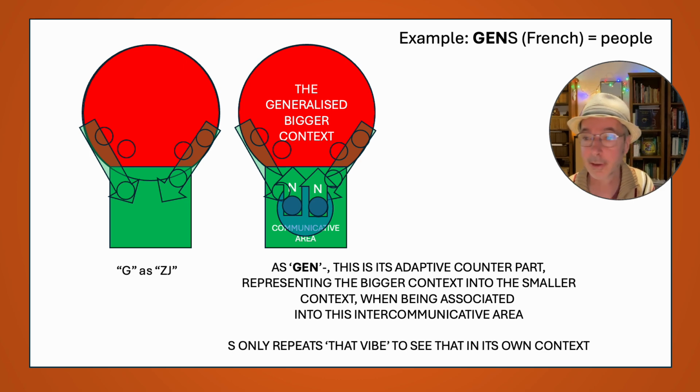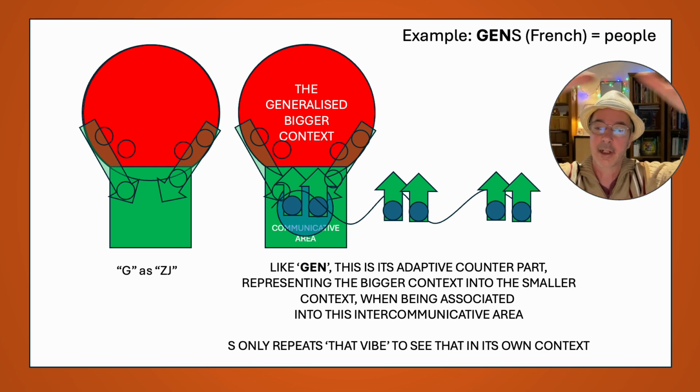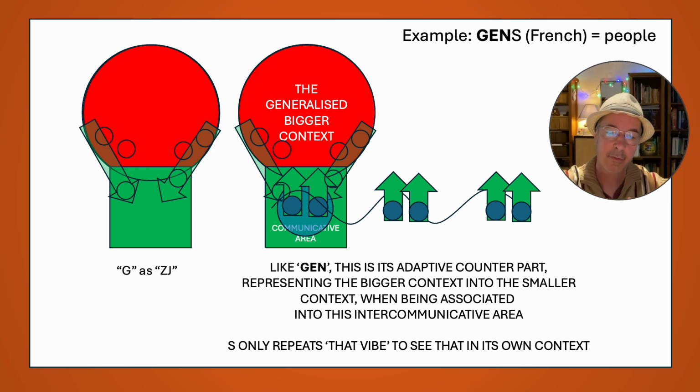The S to it, which you don't hear, it only repeats that vibe, let's say, to see that in its own context. So I will immediately represent. So this S, which normally is, when you start from S, it's at the edges, but here it starts at the edges of my result, of the G, and it repeats all of its patterns that it had before.